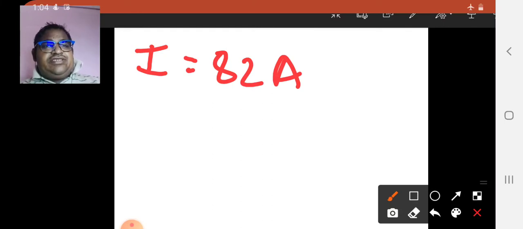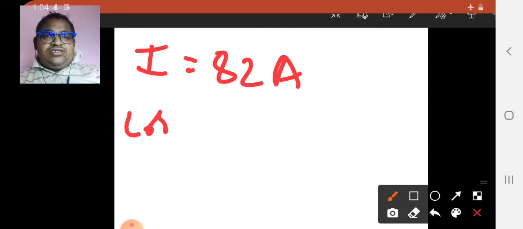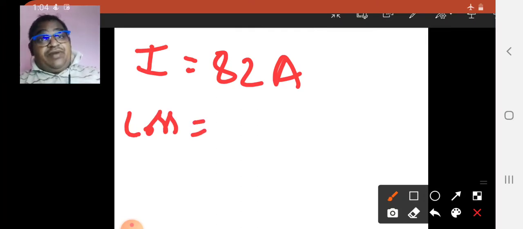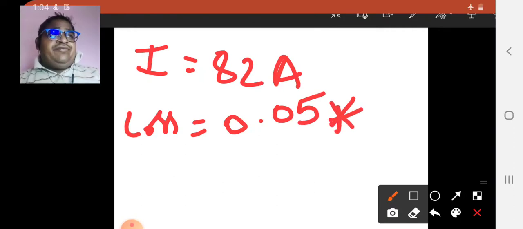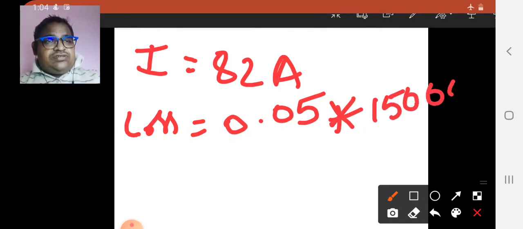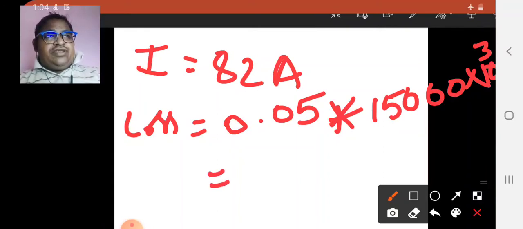He states that the line loss is equal to 5% of power delivered, that is 0.05 into the power delivered, 15,000 kilowatts. How much is it? It is approximately 750 kilowatts.